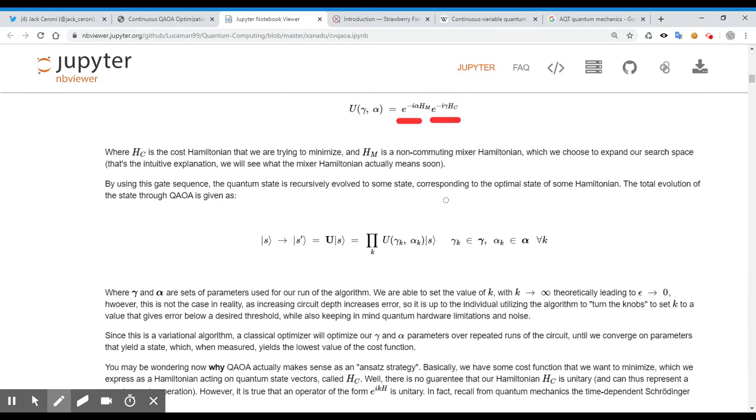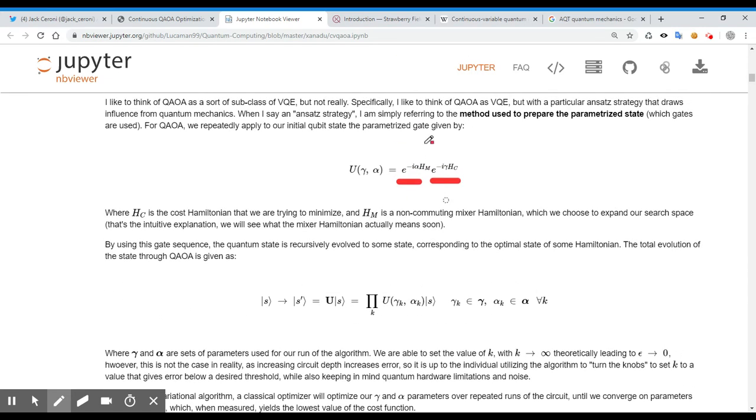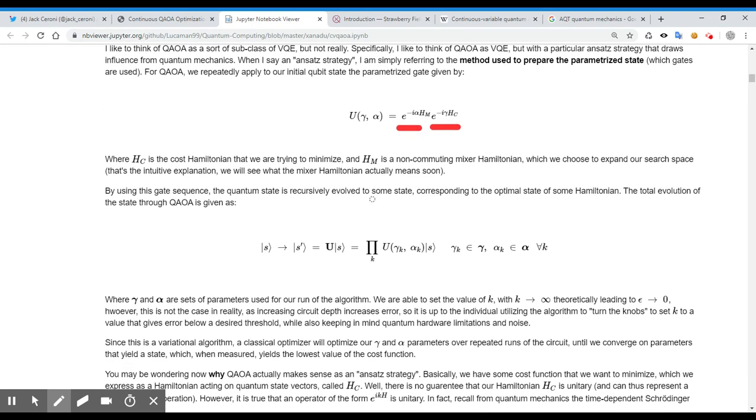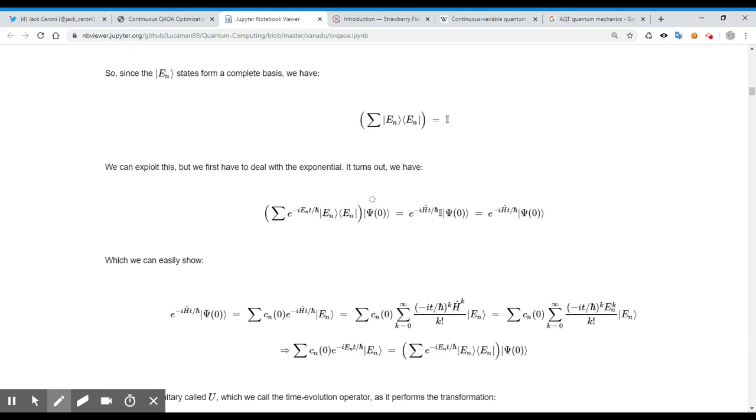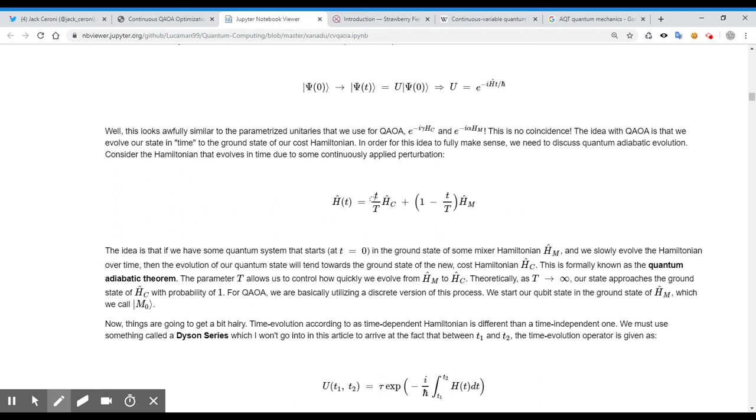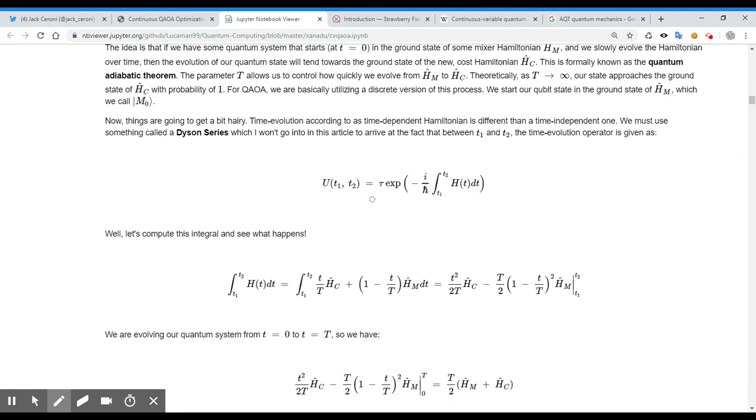What I think Jack's trying to do here is prove where this is coming from and why it is correct, so to say. Now, the question of how you translate that into a circuit is definitely not covered in here. But there's the concept of a cost function and then the mixer function.